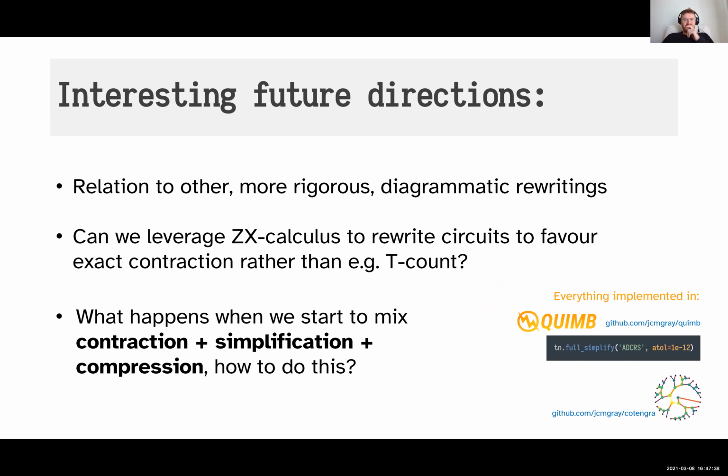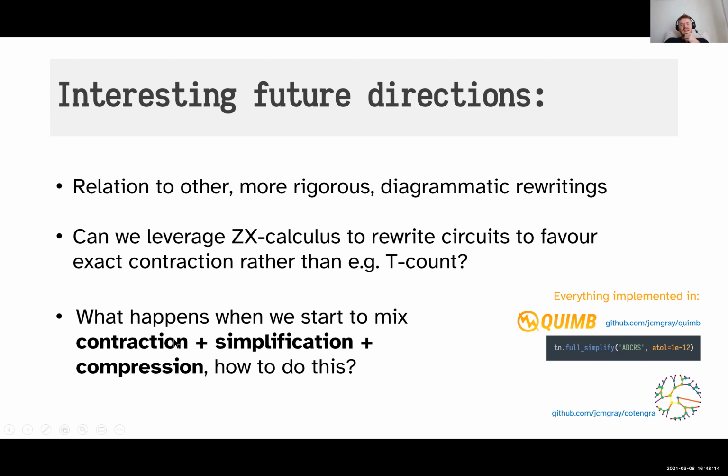And for me, the interesting future directions, in relation to ZX calculus and so on, are working out whether there are some more concrete ways to understand what the simplification schemes are doing. Interesting for me is whether you can leverage something like the ZX calculus to rewrite circuits where the metric is not necessarily T count, but something to do with how hard the final graph is going to be to exactly contract.